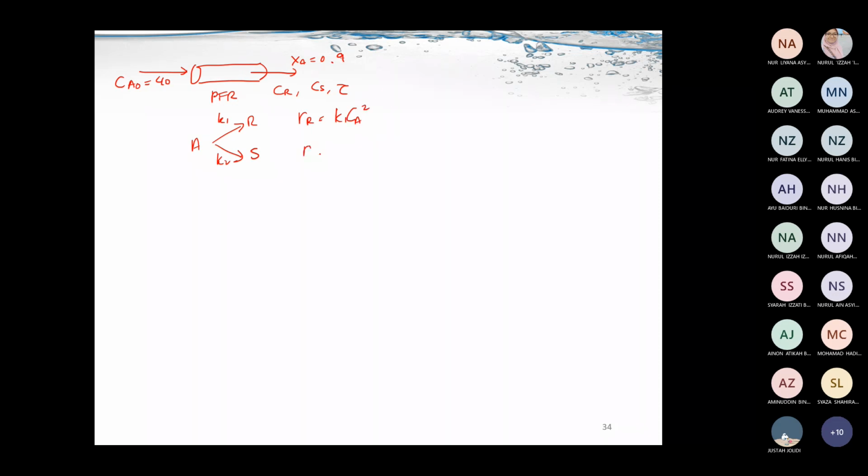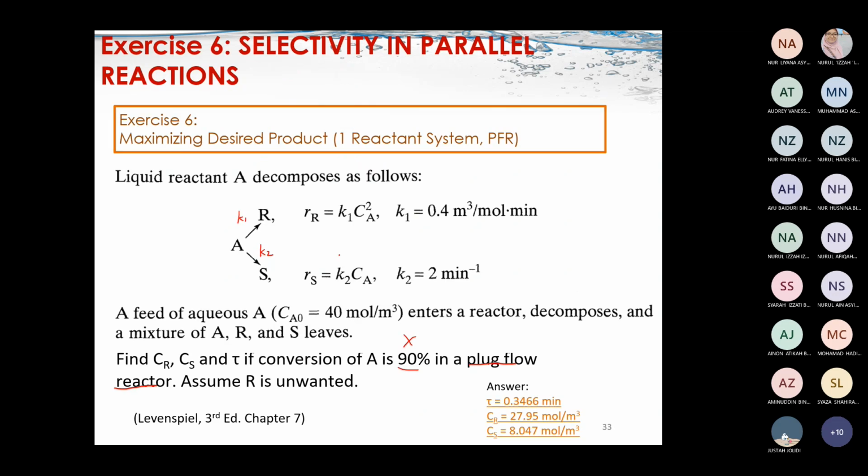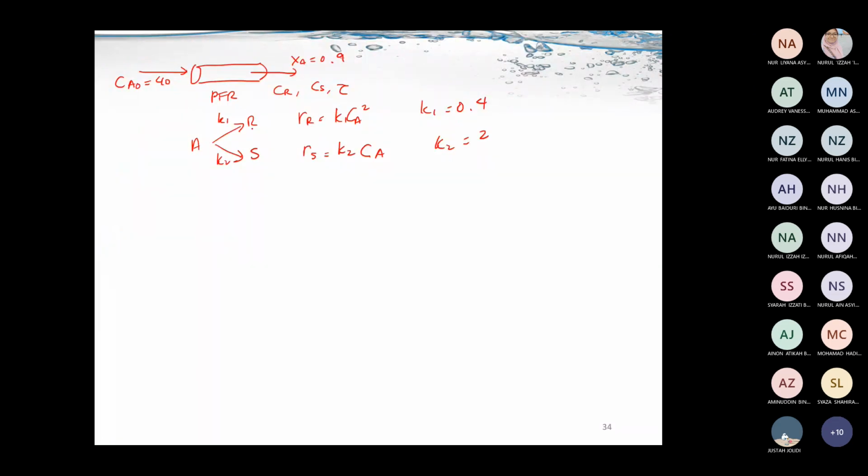And then we have RS is equal to K2 CA. Dia dah bagi tahu, K1 here adalah 0.4 and K2 is 2. So daripada sini dia dah bagi tahu R is unwanted, which is undesired, and this one is the desired one.